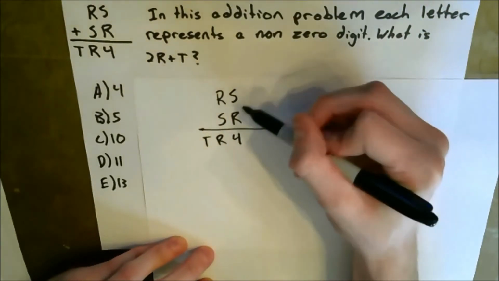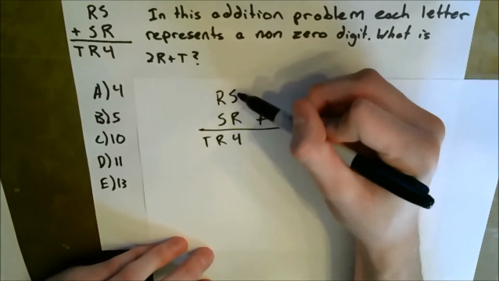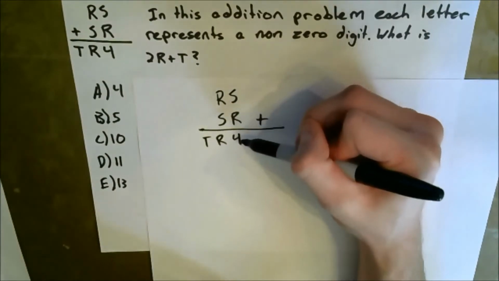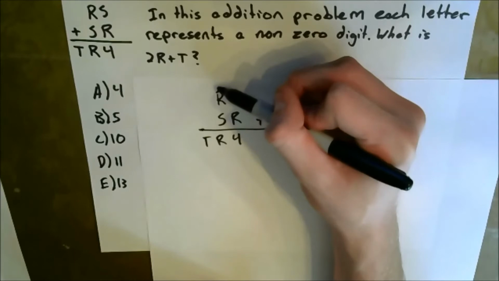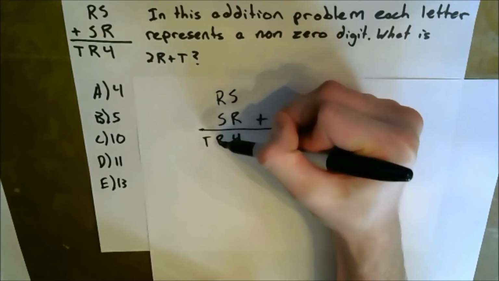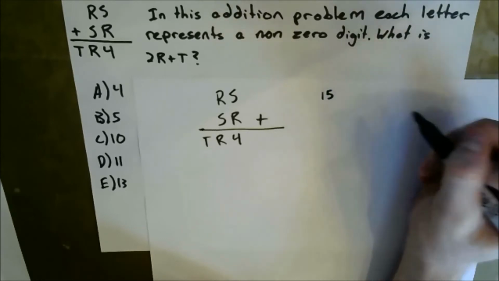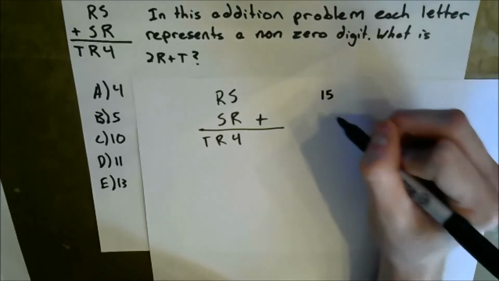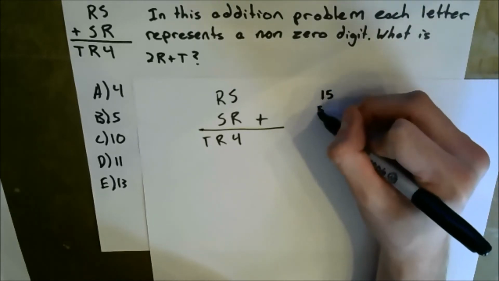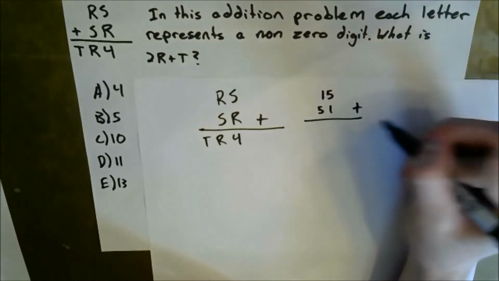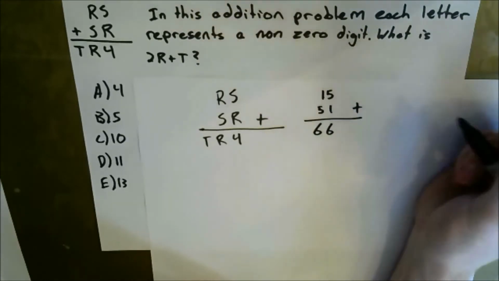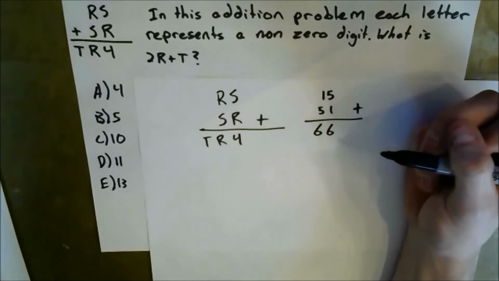But what happens is you add by column starting at the right, and if the number is more than 10, you just write the ones digit and carry the tens digit over to the next column. So for example, if you have 15 plus 51, it would be 6, 5 plus 1, 1 plus 5.